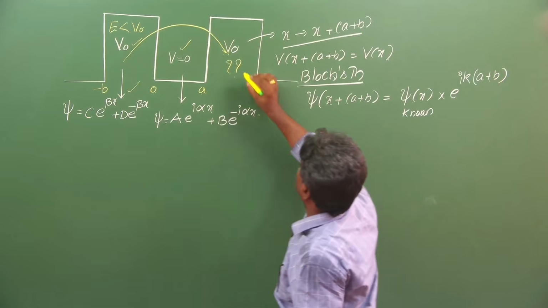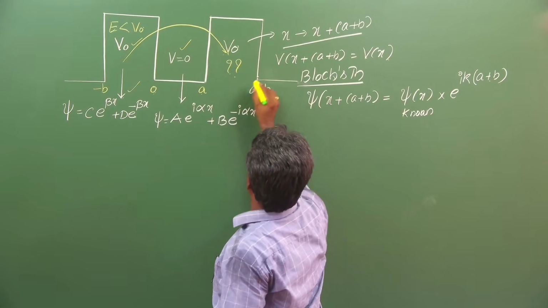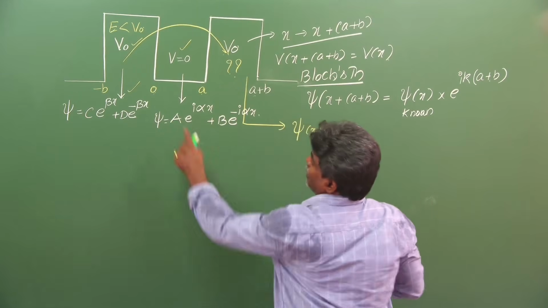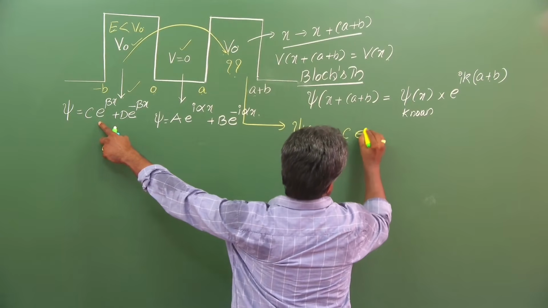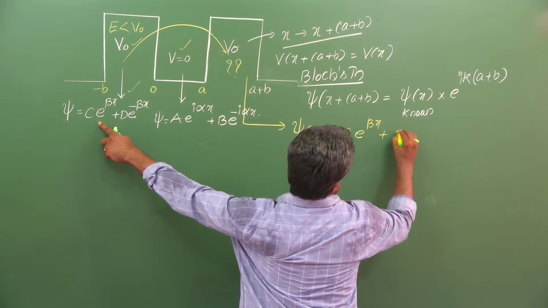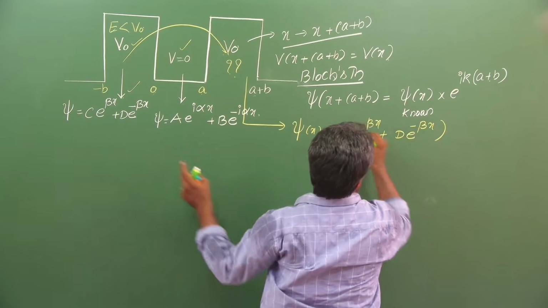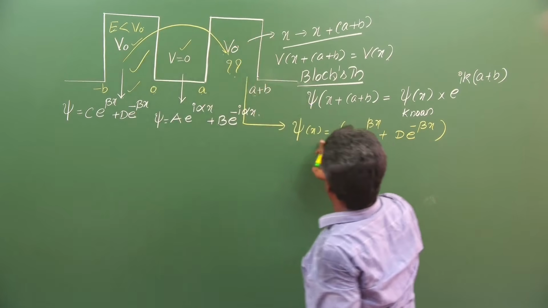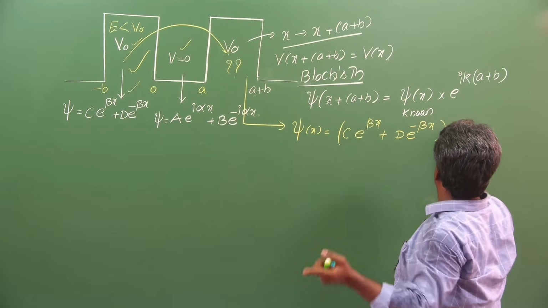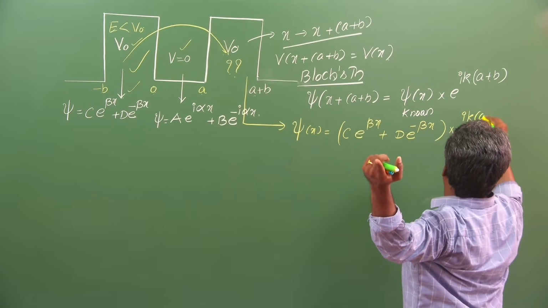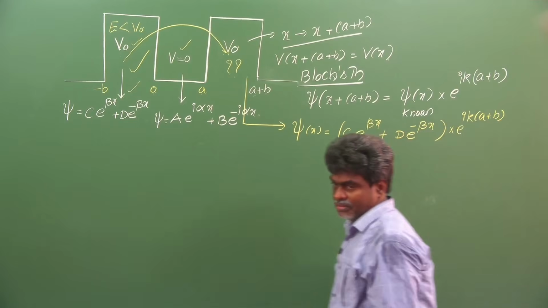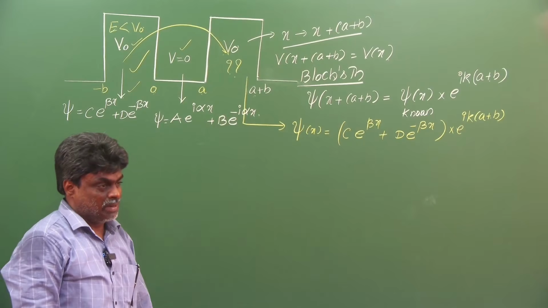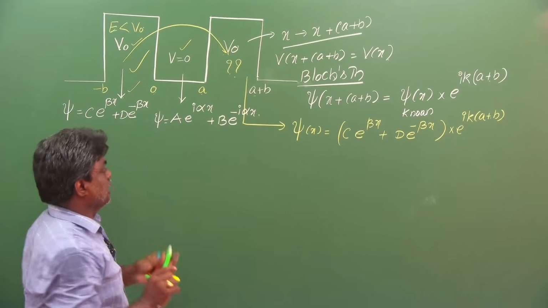So what could be the solution in this region? In this region you know the solution, and in this region we are finding the solution: the known solution times e raised to ik of a plus b. So that is your solution after the periodicity a plus b. Understand? Is it clear? Any doubt?